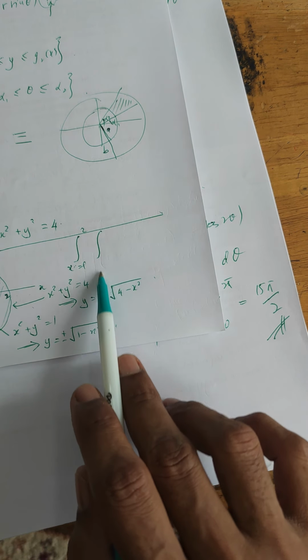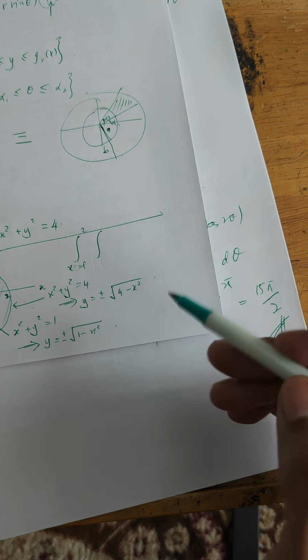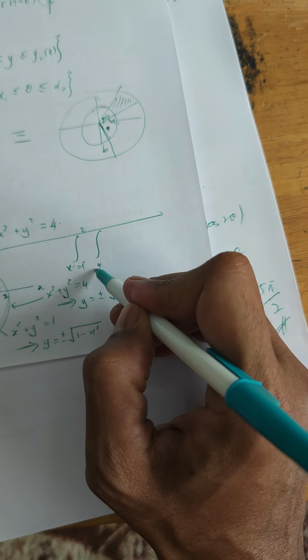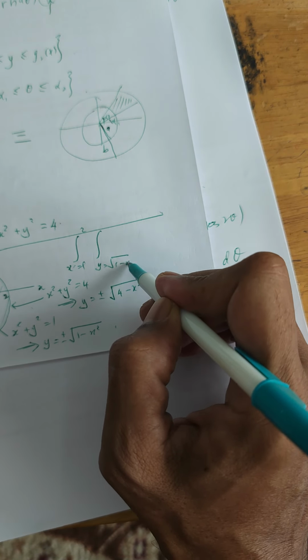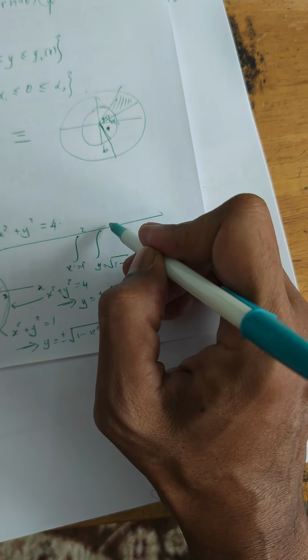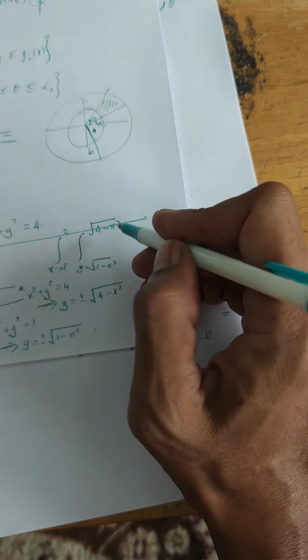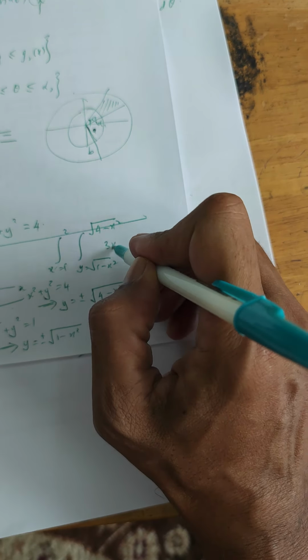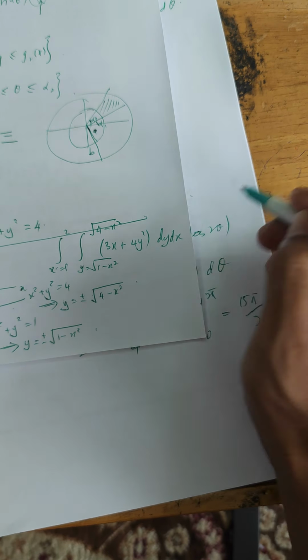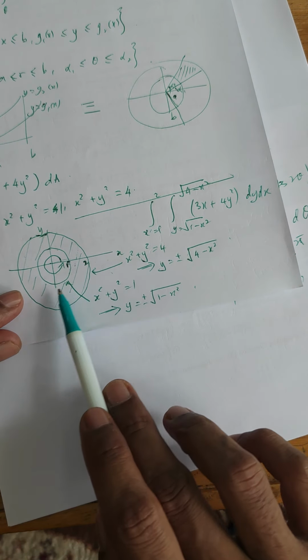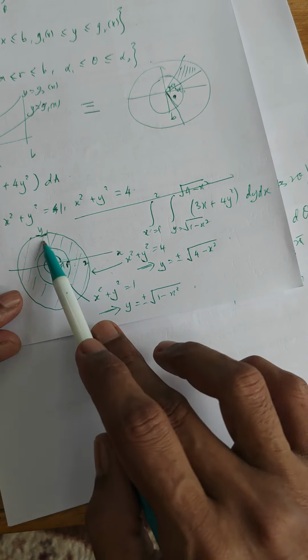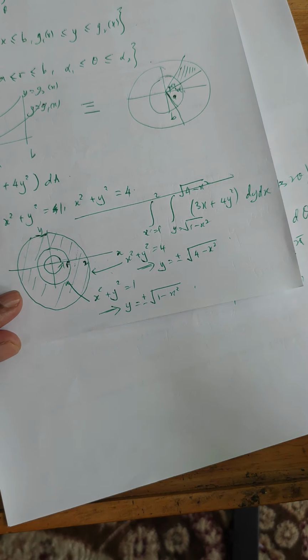Apart from that, the limit of integration is not easy to do. So y from square root of 1 minus x squared to square root of 4 minus x squared, of the function 3x plus 4y squared dy dx.